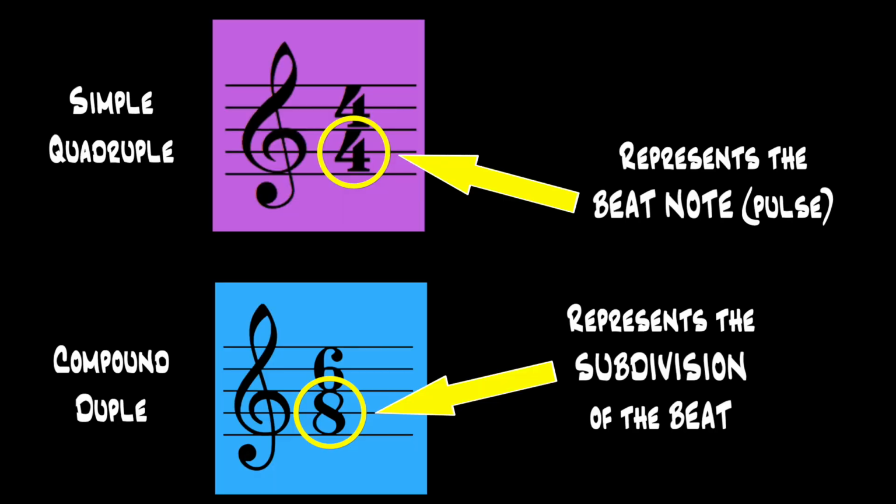So the bottom number in a simple time signature actually represents the beat note or the pulse. Whereas in a compound time signature, the bottom number represents the subdivision of each beat. And that's the difference between the bottom number of a simple time signature and the bottom number of a compound time signature. I hope that helps.